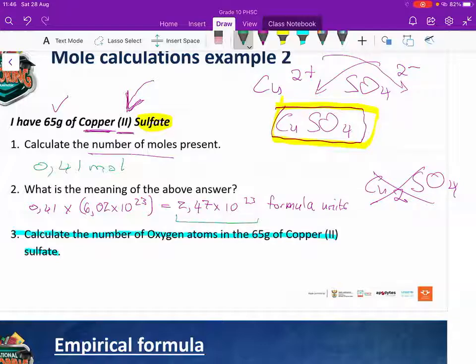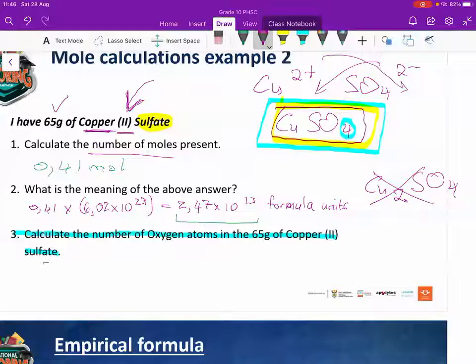But now look at the formula for copper sulfate. Okay, for every 1 copper and 1 sulfur, we have 4 oxygens. So how many oxygen atoms is this really? Well, it's 2,47 times 10 to the power of 23 copper atoms.